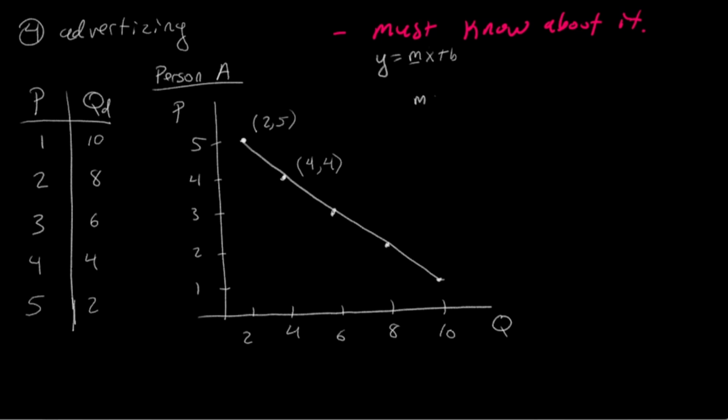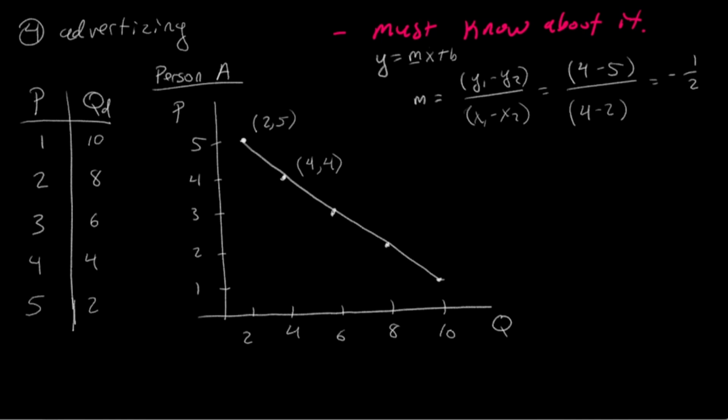As a slope, we would get y1 minus y2 over x1 minus x2, which in this case would be 4 minus 5 over 4 minus 2, leaving us with negative 1/2. So negative 1/2 is our slope.